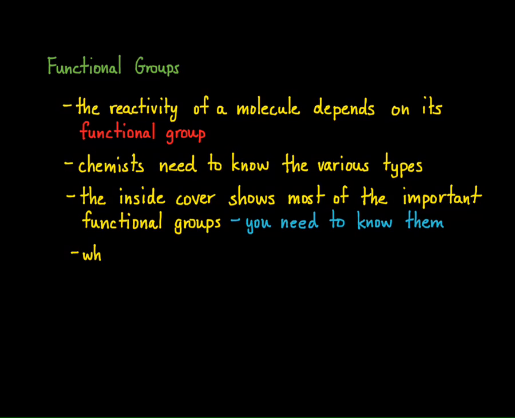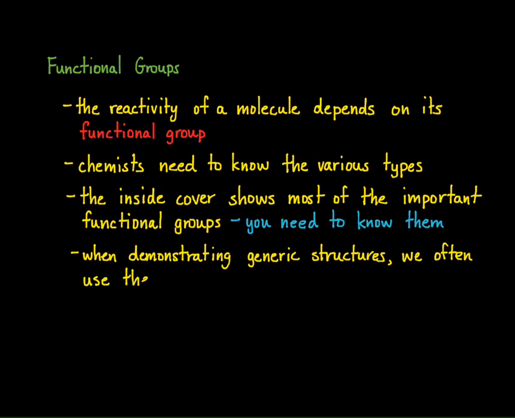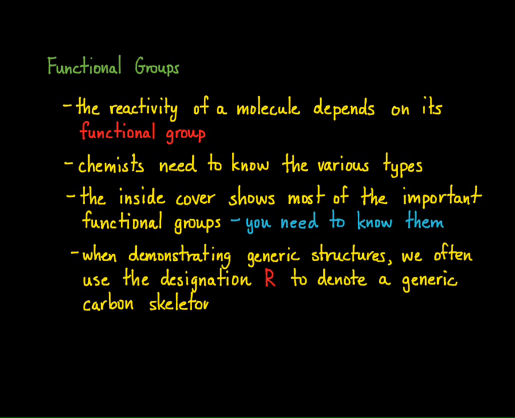Now, I'm going to show you various structures of functional groups, and in order to do that, we demonstrate generic structures using R. And R simply denotes a generic carbon skeleton, right? So we're going to highlight the functional group and we're going to place R on it.